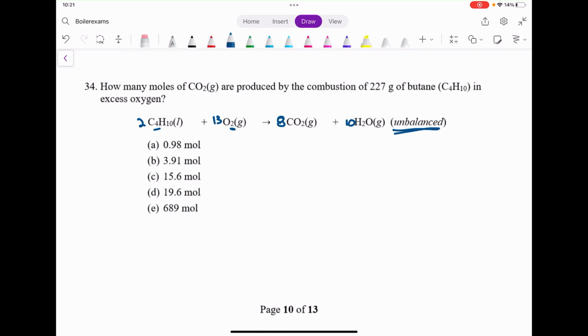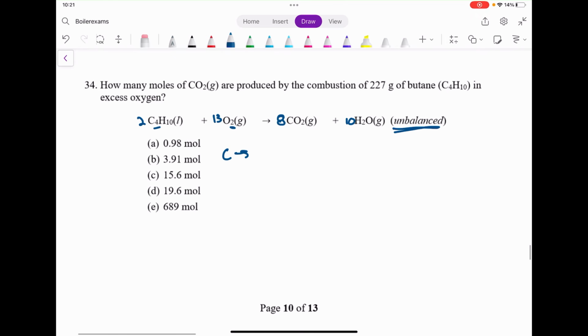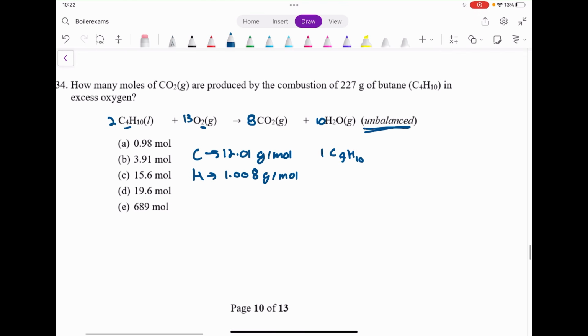They want moles of carbon dioxide produced if we have 227 grams of butane. Let's first get the molecular weight of butane. Carbon is 12.01 grams per mole. And hydrogen is 1.008 grams per mole. And in one butane, we have 4 carbons and 10 hydrogens.